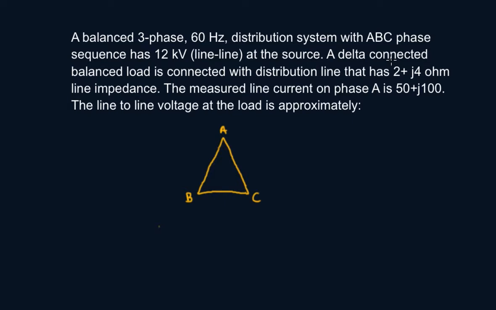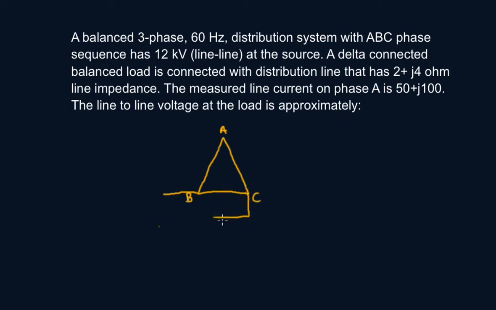It makes a difference between the line-to-line voltages and your current, etc. Line impedance is given. Line current is given, not phase current. And the line-to-line voltage. So those are your keywords. You can put that in your head to know how to solve the problem eventually.